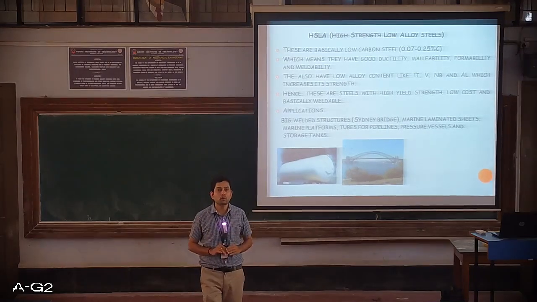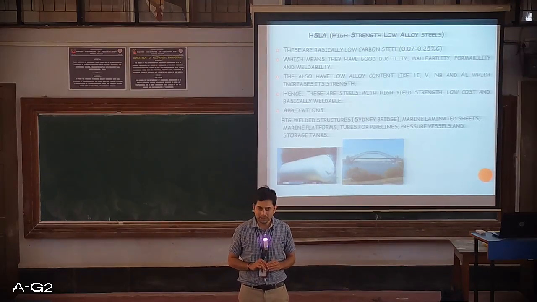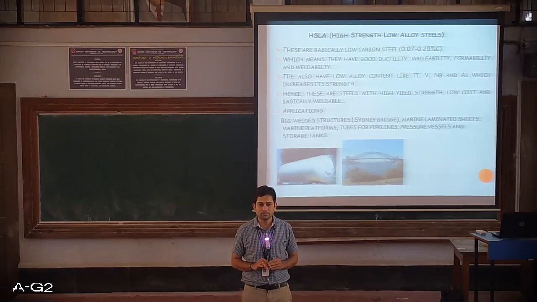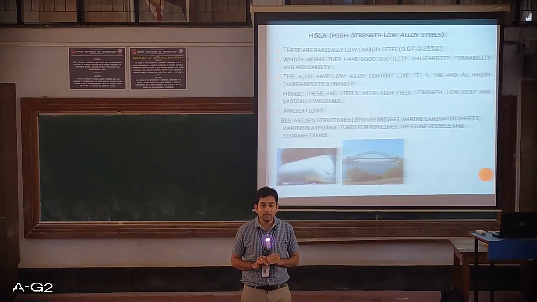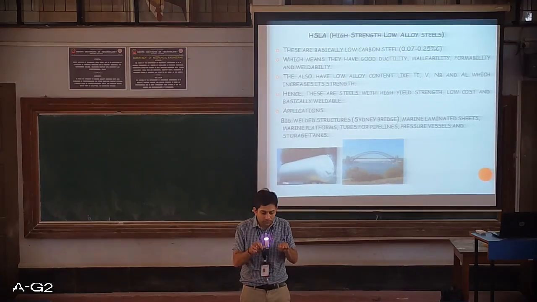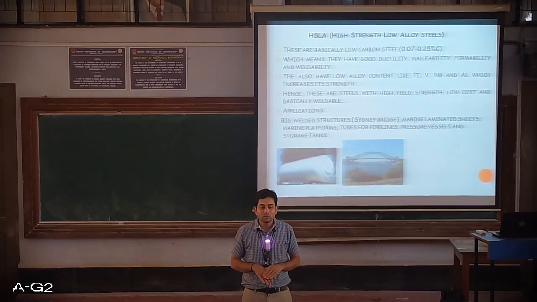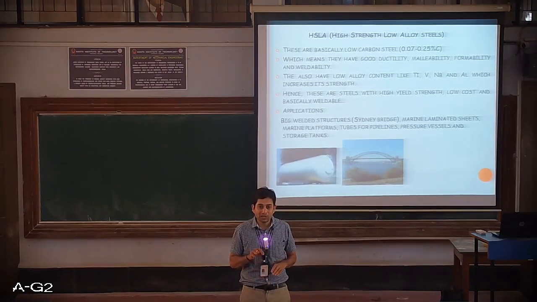Usually the problem associated with ferrous metals, not many but some of them, is that they are not weldable. In particular, with low alloy or low carbon steel, if you take 2 such metal plates and try to weld, they will not get welded. This is the problem associated with low carbon content steels.